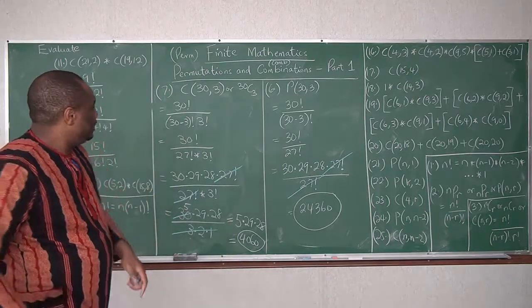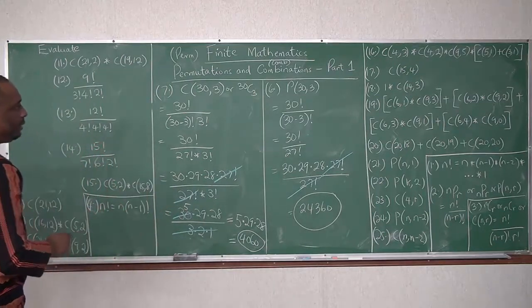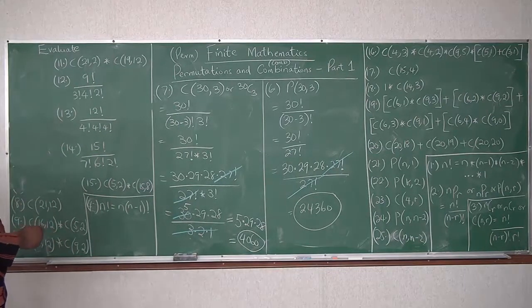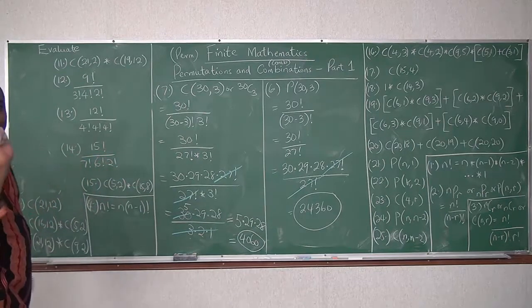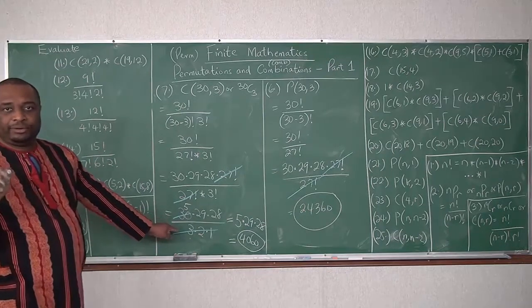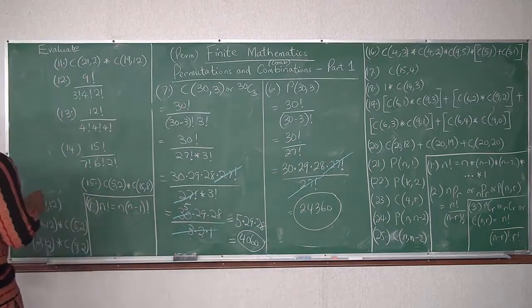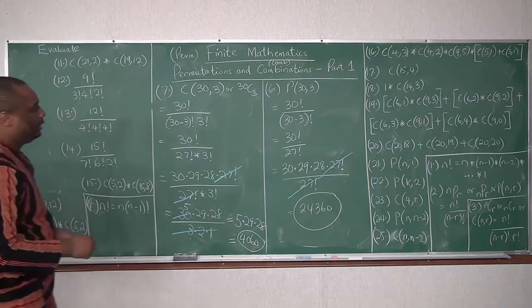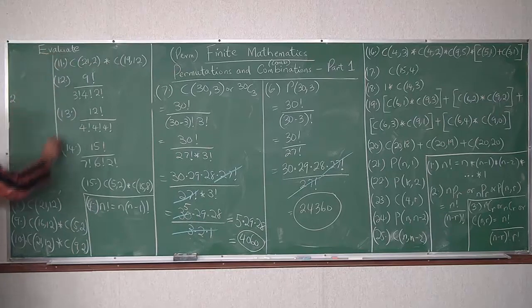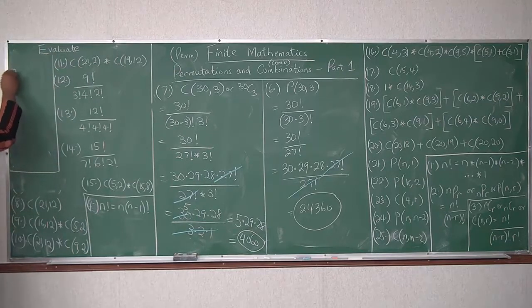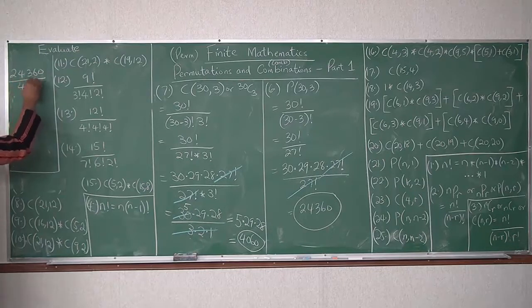Do you agree with me now? That 6 is 3 factorial. Remember? So let me write this here. We know that 24,360 divided by 4,060 gives us 6.